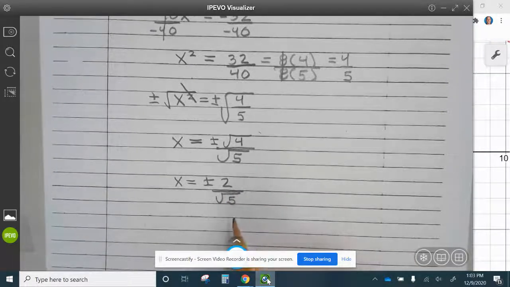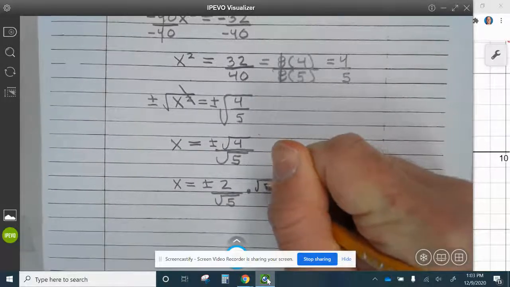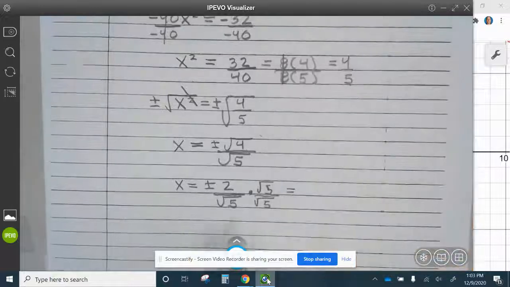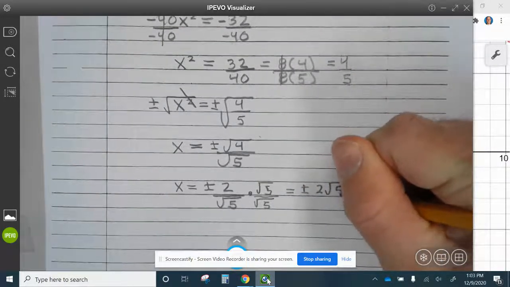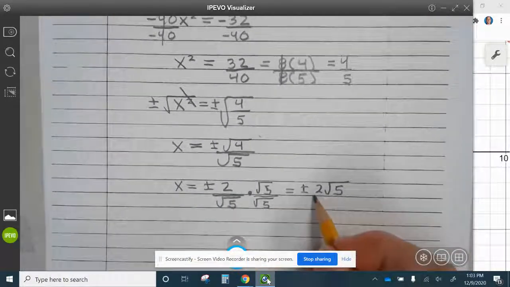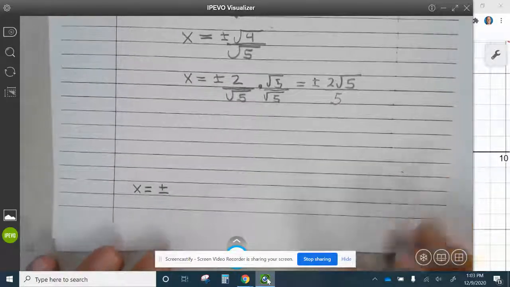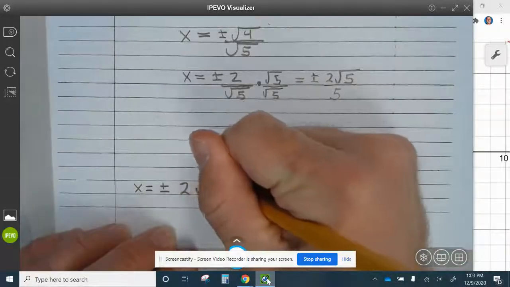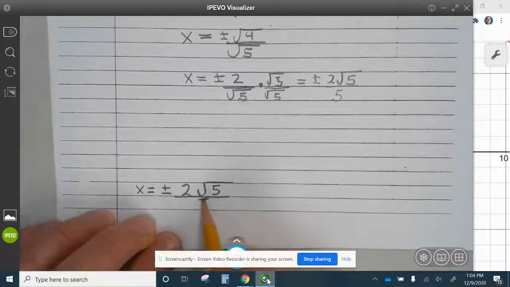Okay, but you never leave a square root in the denominator, so we need to multiply this by square root of 5 divided by square root of 5. So that's plus or minus 2 square roots of 5 divided by square root of 5 times square root of 5, which is 5. So x equals plus or minus 2 square roots of 5 divided by 5.